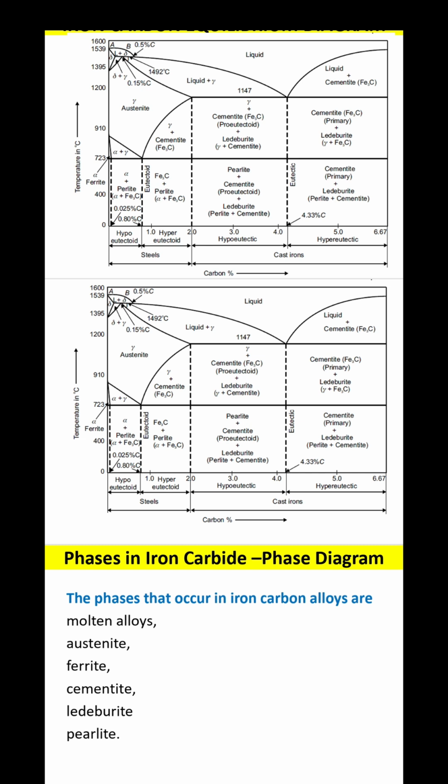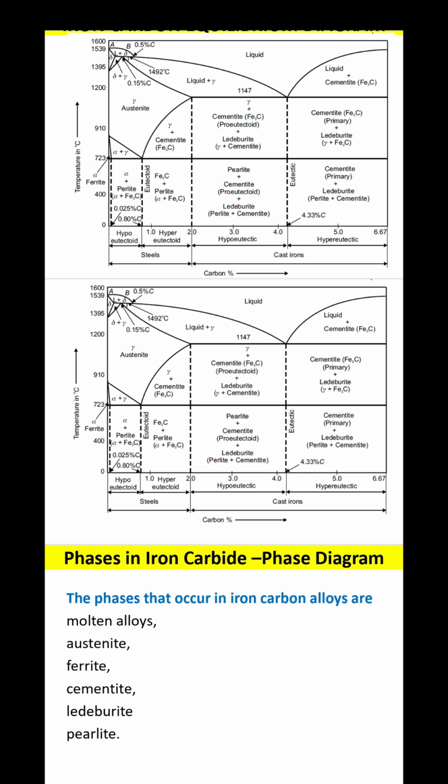At 0.8 percentage of carbon, the eutectoid reaction takes place. In that eutectoid reaction, one solid, austenite, is transformed into two different solids, ferrite and cementite.